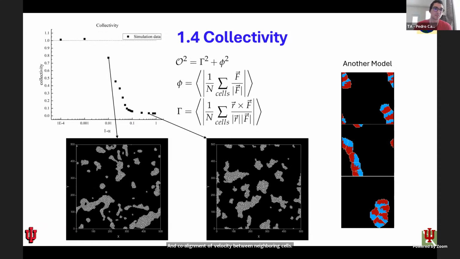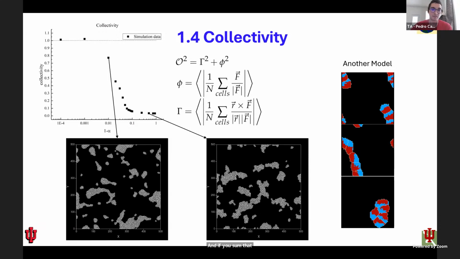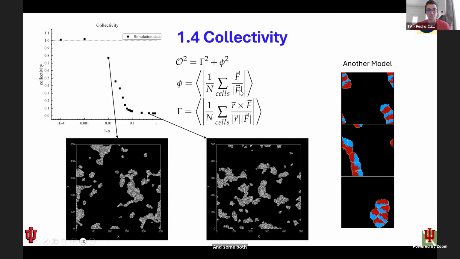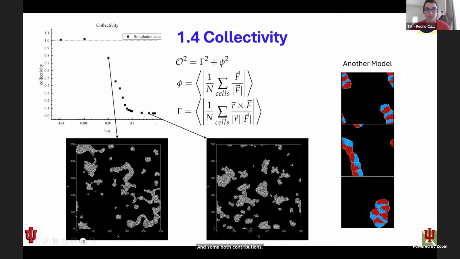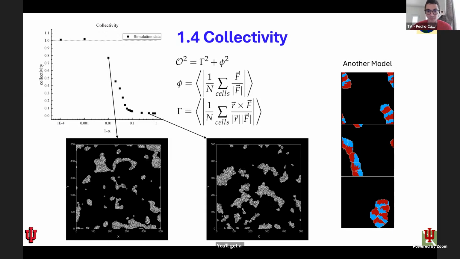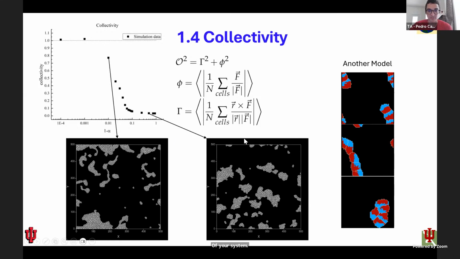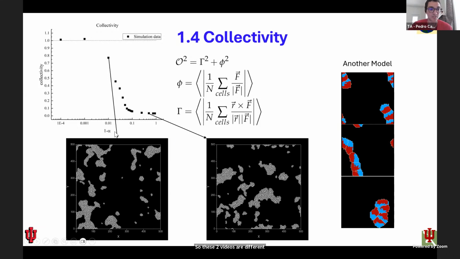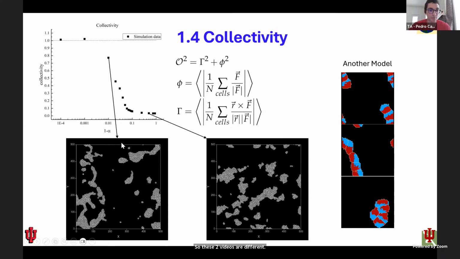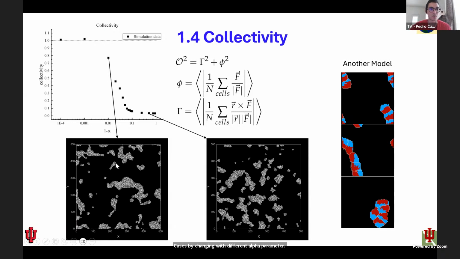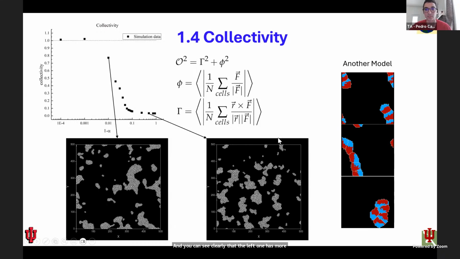And if you sum both contributions over all cells, you get a general, let's say, collectivity of your system. So these two videos are different cases with different alpha parameters, and you can see clearly that the left one has more collectivity than the right one.